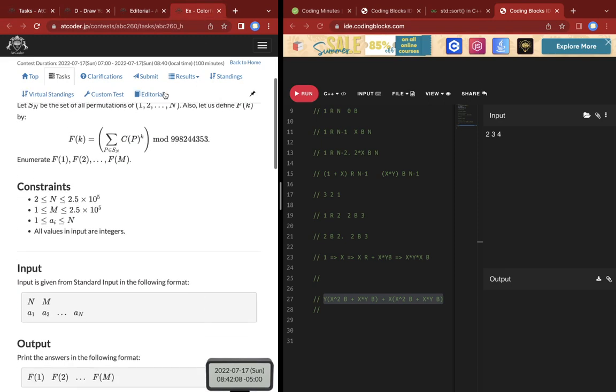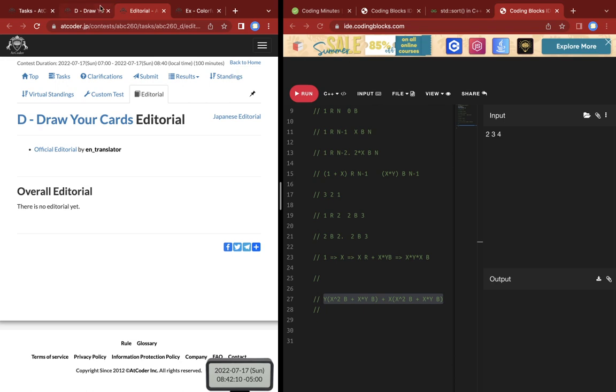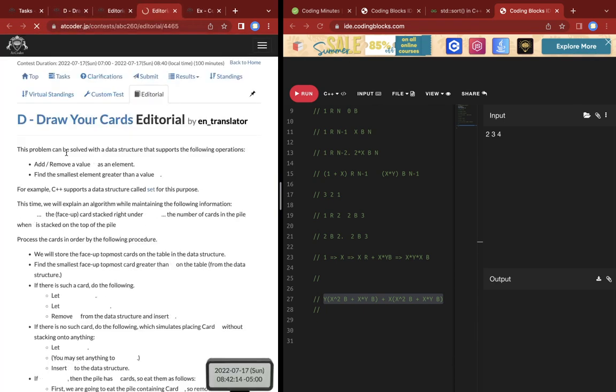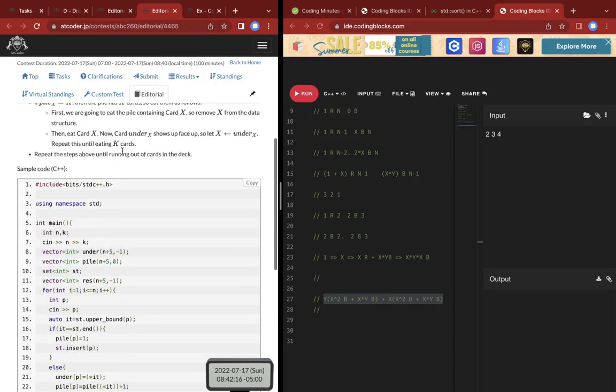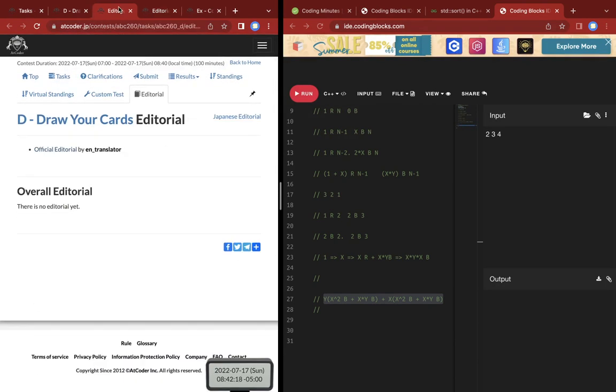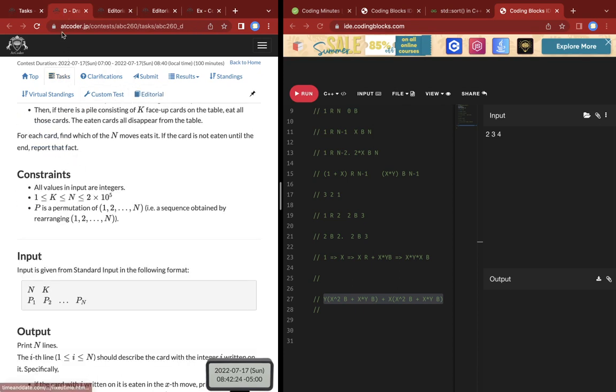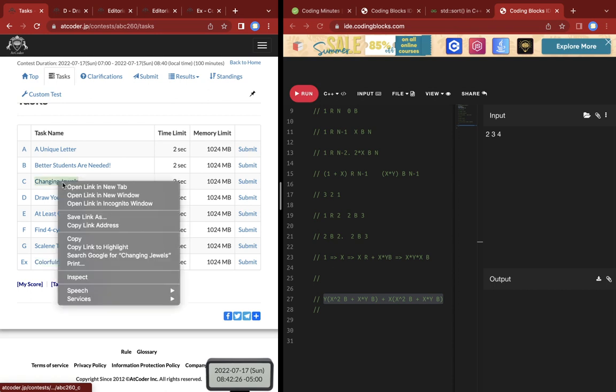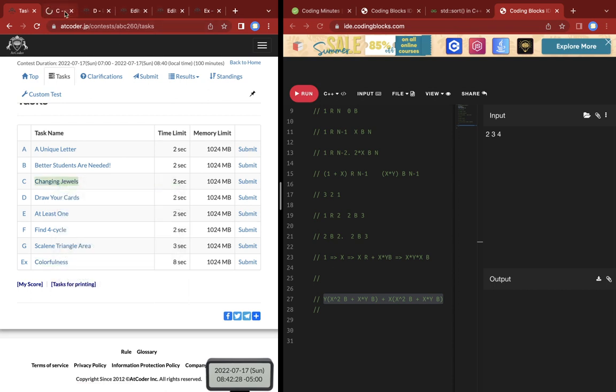Extra. But there is an overall editorial. Well, let's see for problem number C. What do they have?